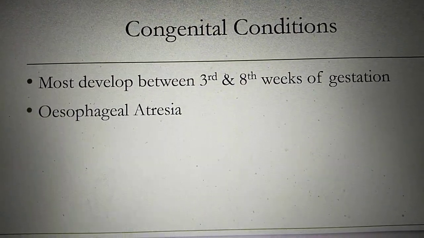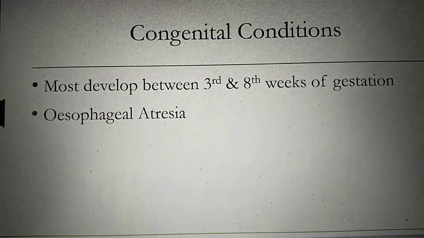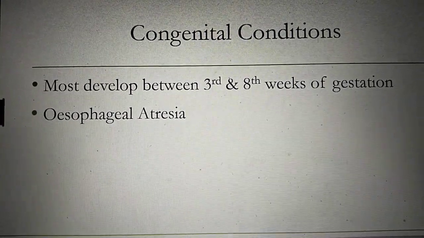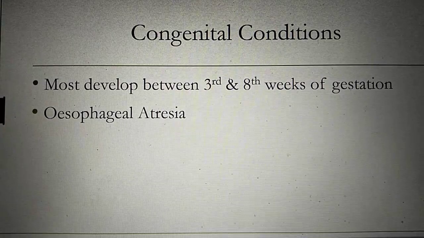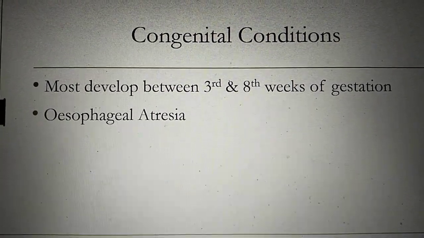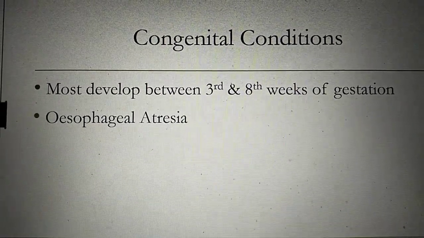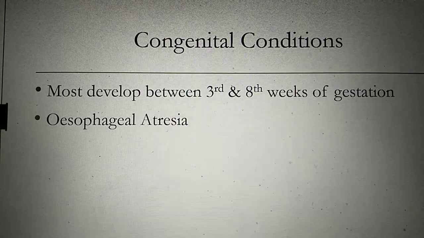So students, today we are finishing here itself. In the next lecture, we'll go through the congenital conditions of the esophagus. As you all know, most of the congenital conditions of the esophagus develop between the 3rd and 8th weeks of gestation.